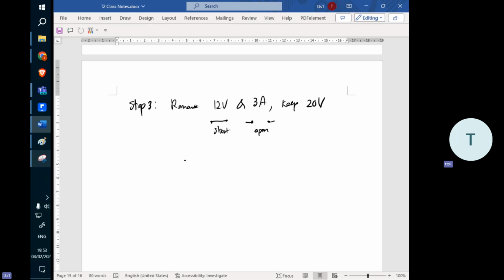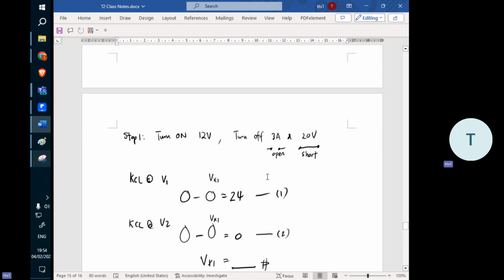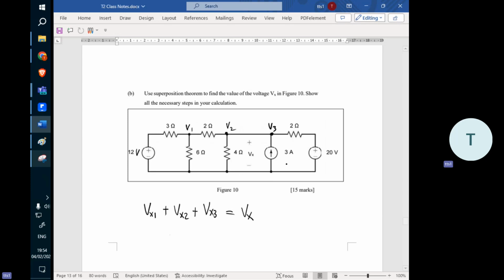Okay. Then after that, you apply KCL at node V4. So where is node V4 actually? Hold on, let me double confirm it. You need about 3 pages, I think.